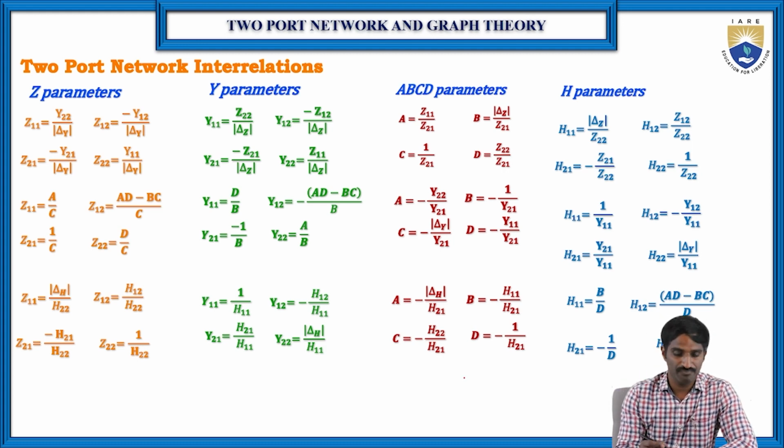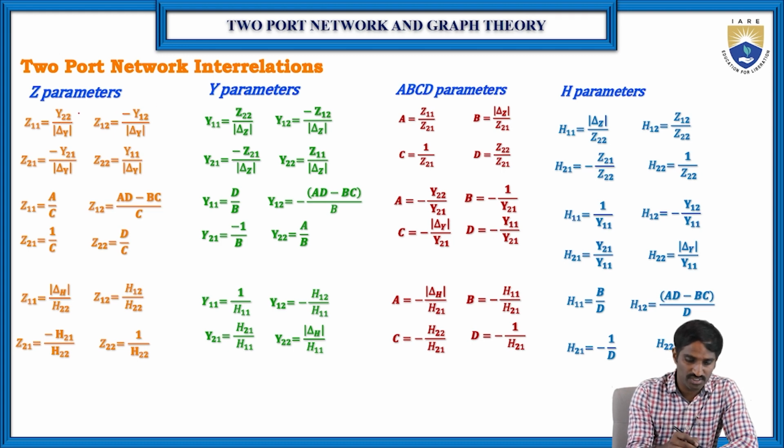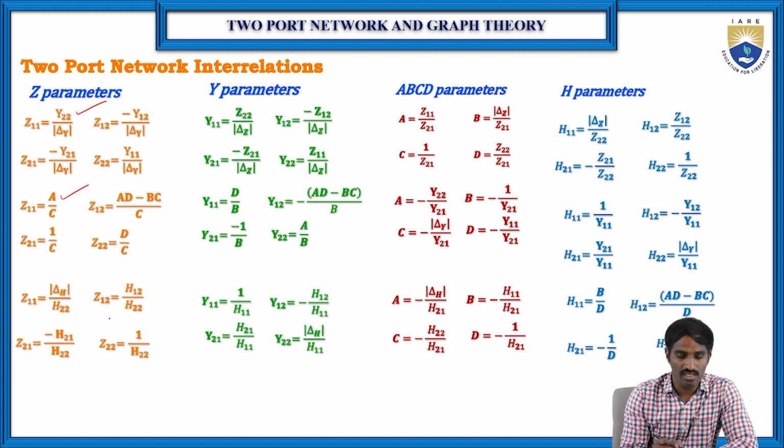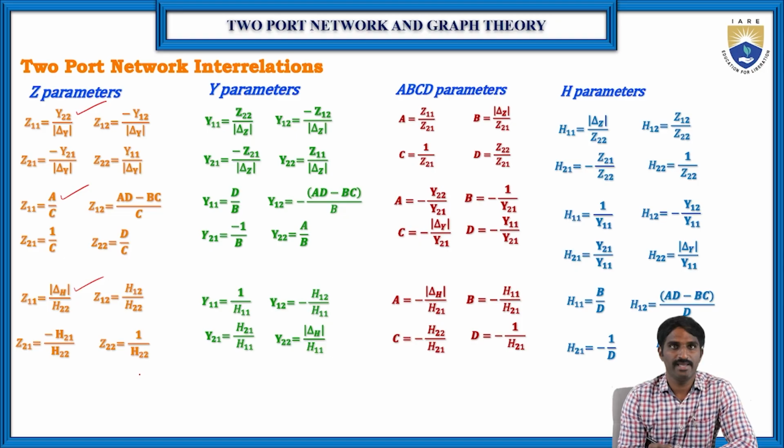So finally, as you can see, the relation between the various parameters: the Z parameters in terms of Y, the Z parameters in terms of ABCD, and the Z parameters in terms of the H parameters. These are the various relations.